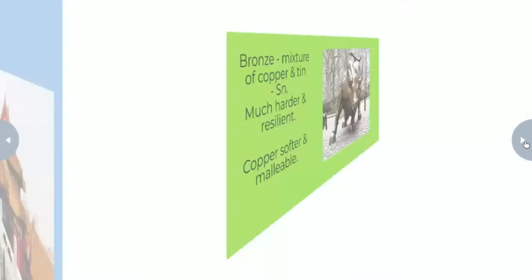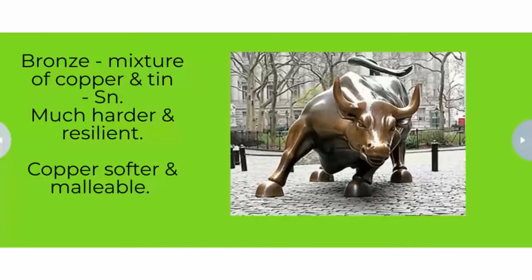Okay, so here is a nice example of bronze. Bronze is a mixture of copper and tin. Every element has a symbol. Many elements, like copper, are similar: it's Cu, at least it starts with a C. But tin, the symbol is Sn, which was originally stannum.